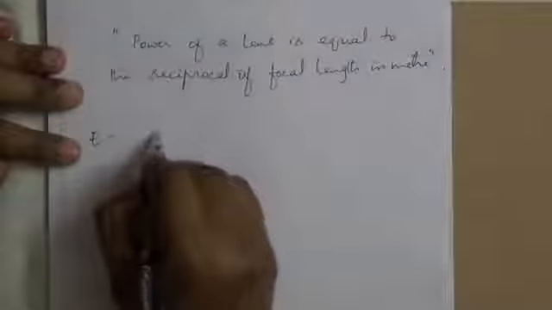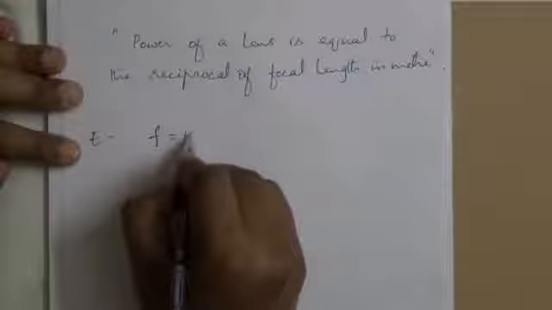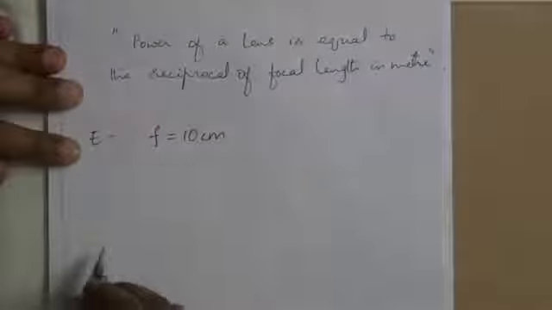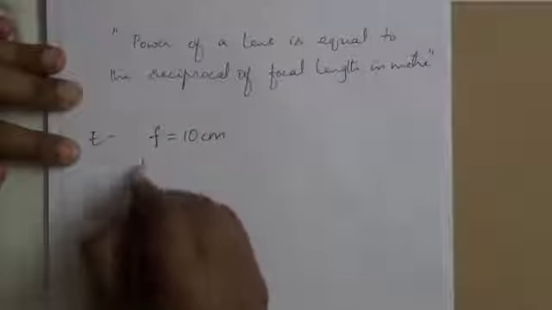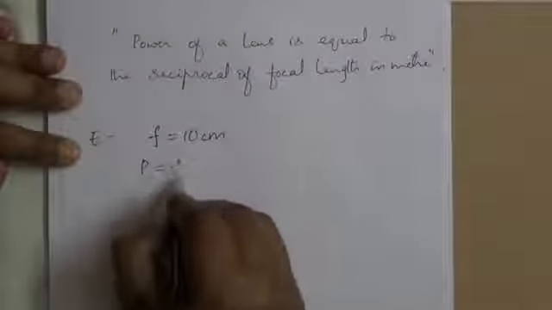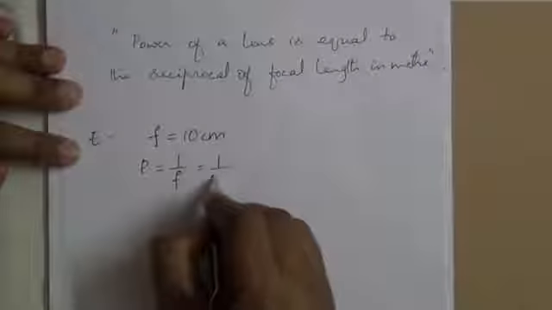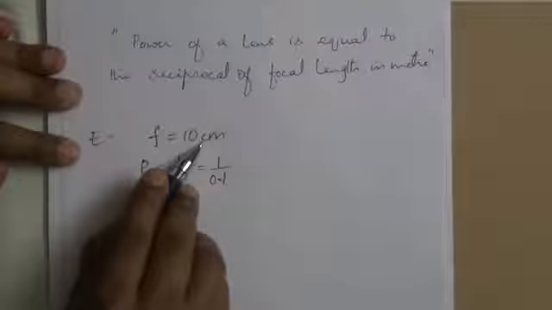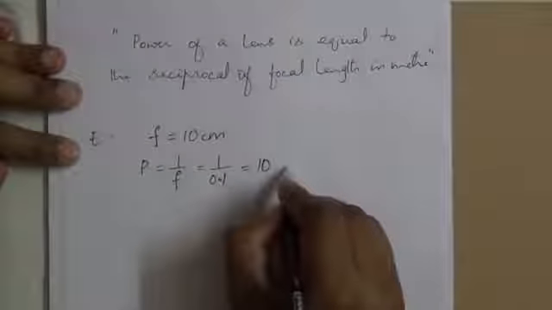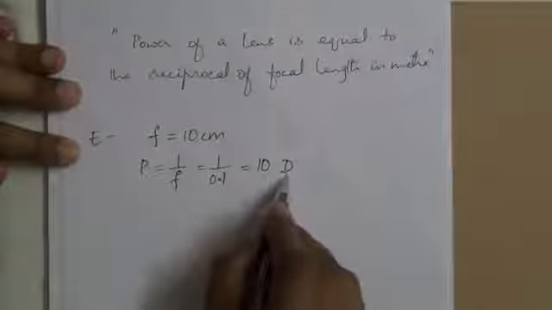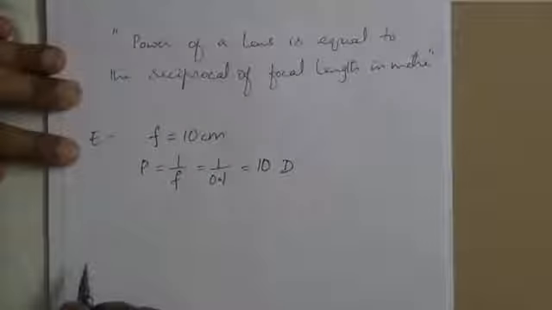As an example, if the focal length of a lens is 10 centimeter, then power equals 1 by focal length, it is 1 by 0.1, converting to meter, equal to 10 diopter. Diopter is the unit of power of a lens.